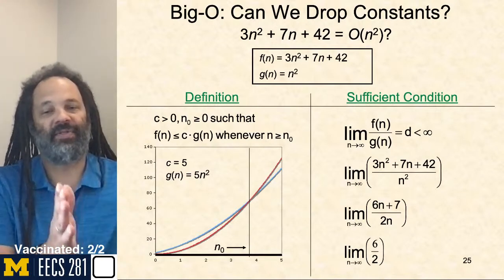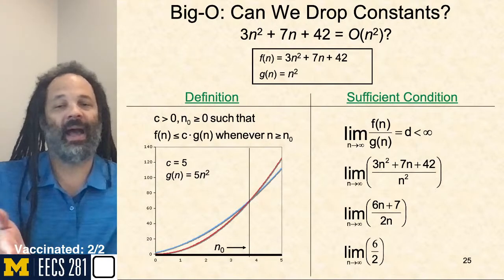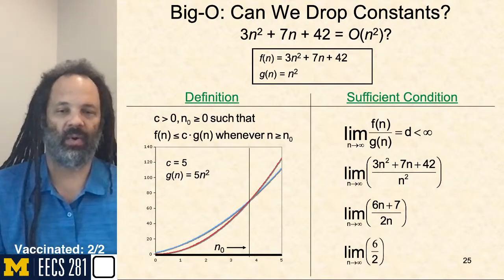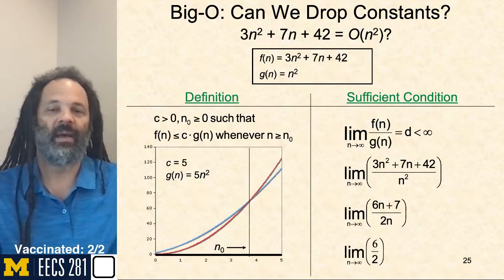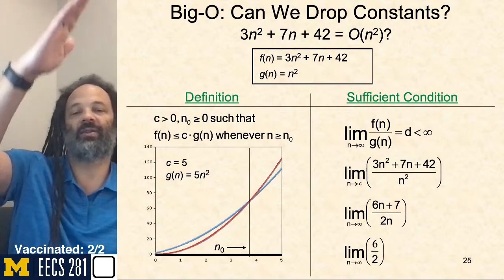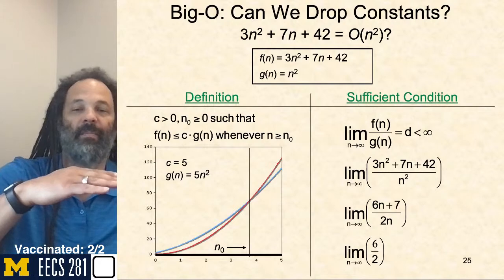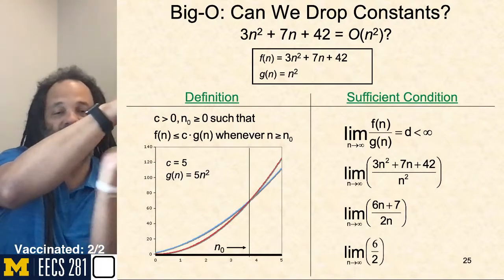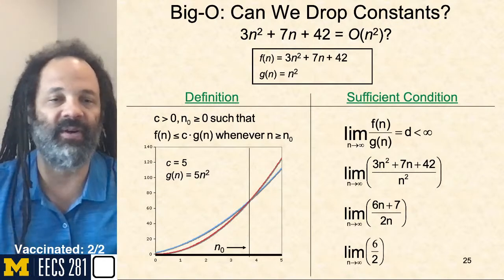Values of n that are 3 and below, my bounding function, the n squared, is going to be lower. Values of n that are 4 and above, my bounding function is going to be larger. So once we cross that n sub 0 boundary, my bounding function stays above the bounded function forever.